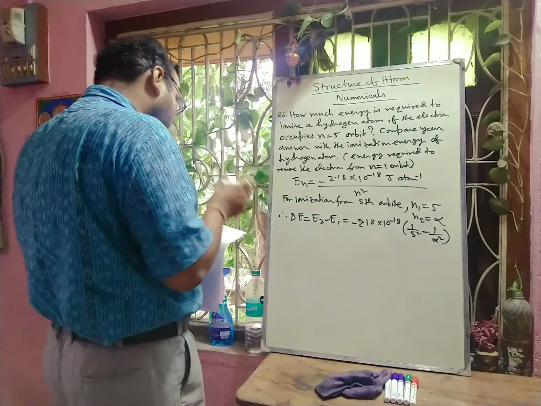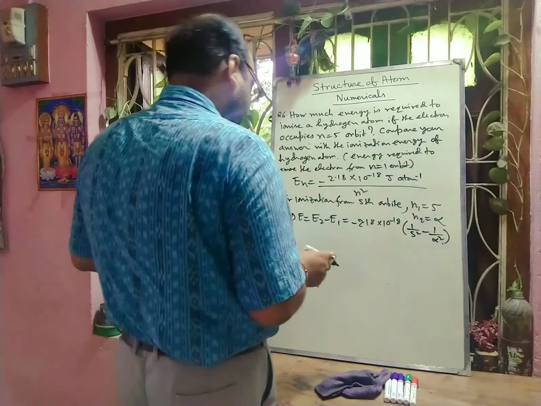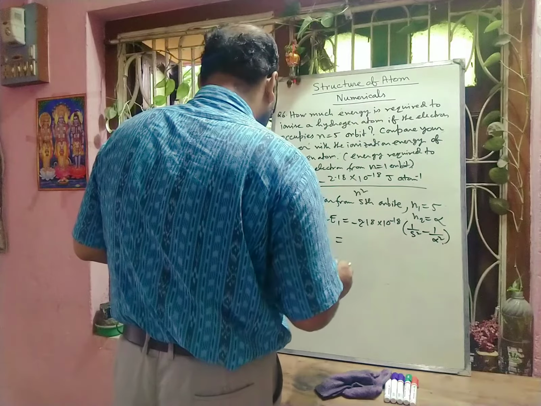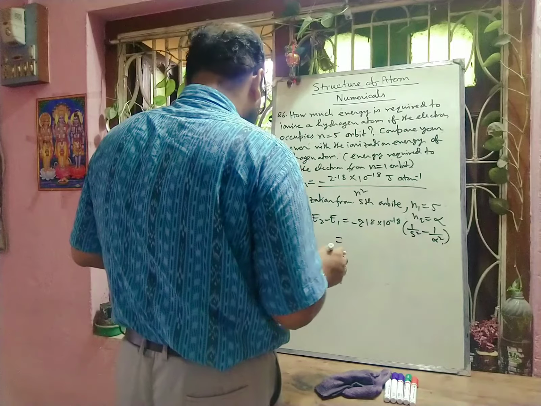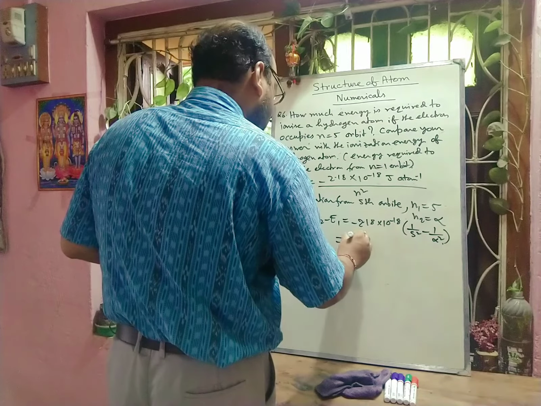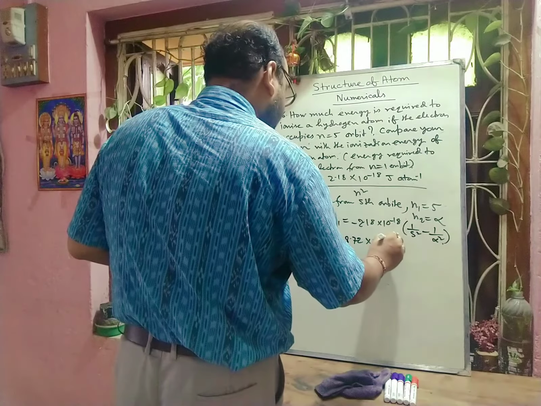Now if you calculate the value here, you will get 8.72 into 10 to the power minus 20 joule.